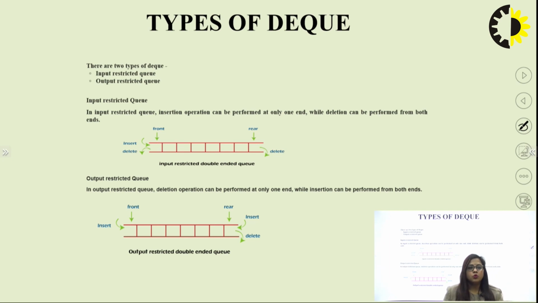There are two types of DQ. One is the input restricted queue and the second is the output restricted queue. What is an input restricted queue?